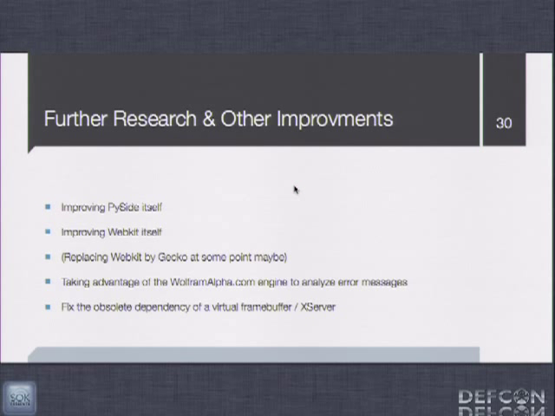Maybe it makes sense to replace WebKit and that approach by Gecko, because Gecko is the runtime engine of Firefox, for those who are not that familiar with the web browser architecture stuff.